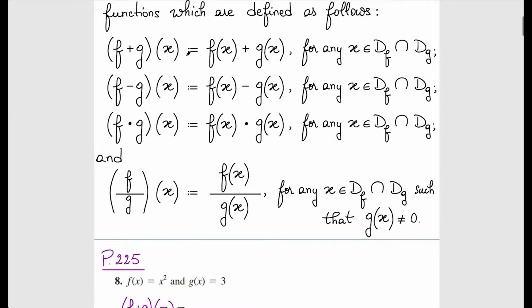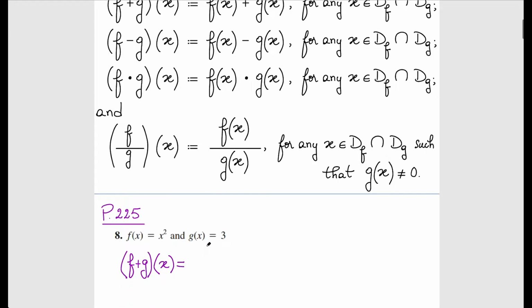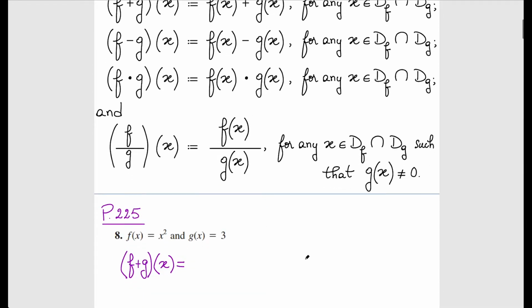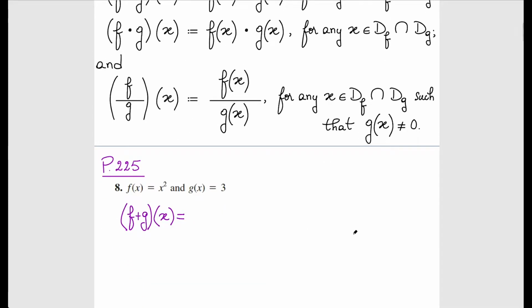Okay, so what I wanted to do here was appeal to the definition and see how this function operates. Well, it operates by just adding the outputs of f and g. So we get f of x plus g of x, and this is simply by appealing to the definition.